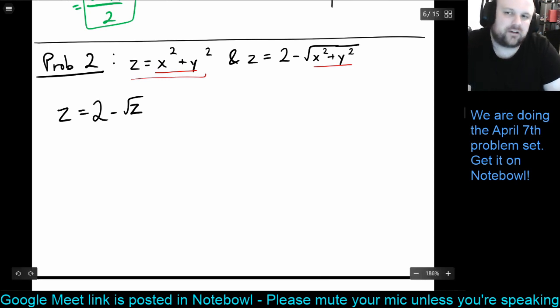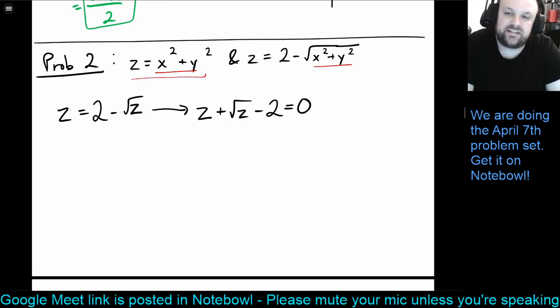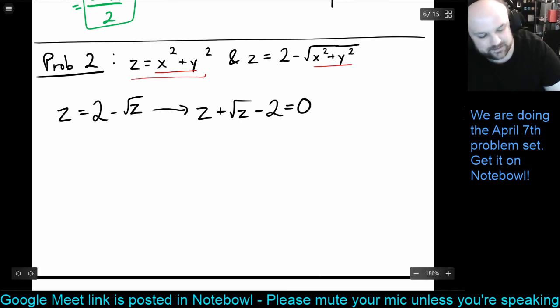Now that might look a bit complicated, but I promise you it's actually not that bad. So let's start by moving everything to one side here. Right? So I need to solve this for z. Now, I claim you actually know how to do this. You just might not be used to looking at it this way.